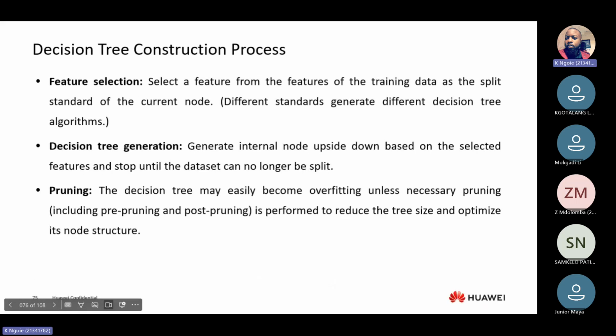So the process will be to select the features, and then to build a decision tree to generate it. We generate the internal nodes upside down based on the selected features. So we look at the features and then we create the tree like that, remembering that the root node is at the top, and then we ask ourselves questions based on what we're trying to predict.